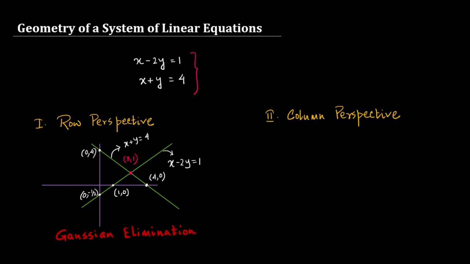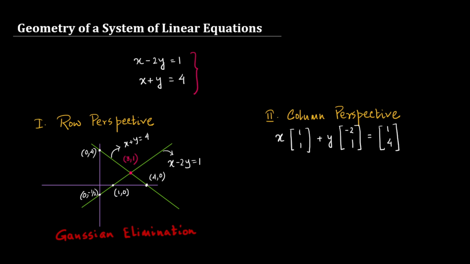Now, the second perspective, that is the column perspective, looks at the columns of the linear system of equations. The two separate equations, as you can see here, actually represent one vector equation given by x into the vector 1, 1 plus y into the vector minus 2, 1 is equal to the vector 1, 4.